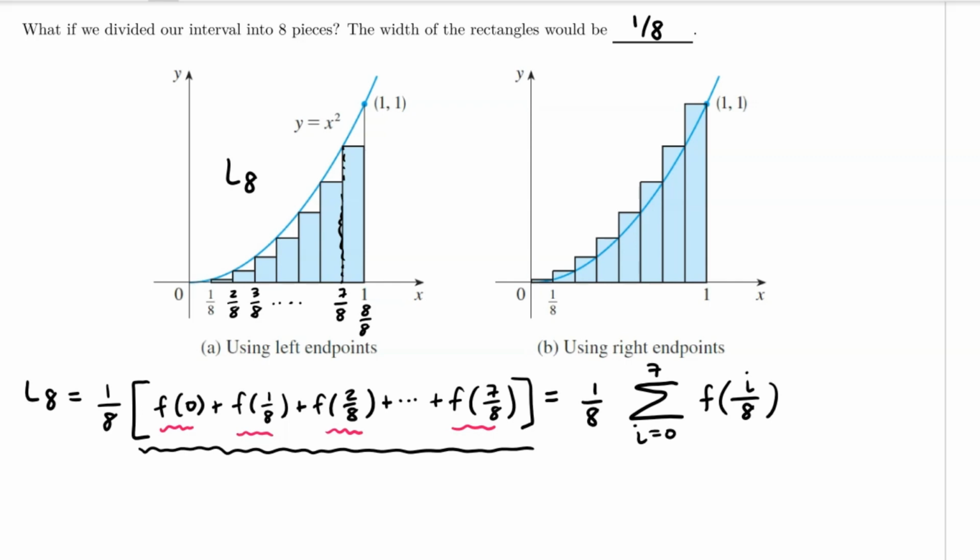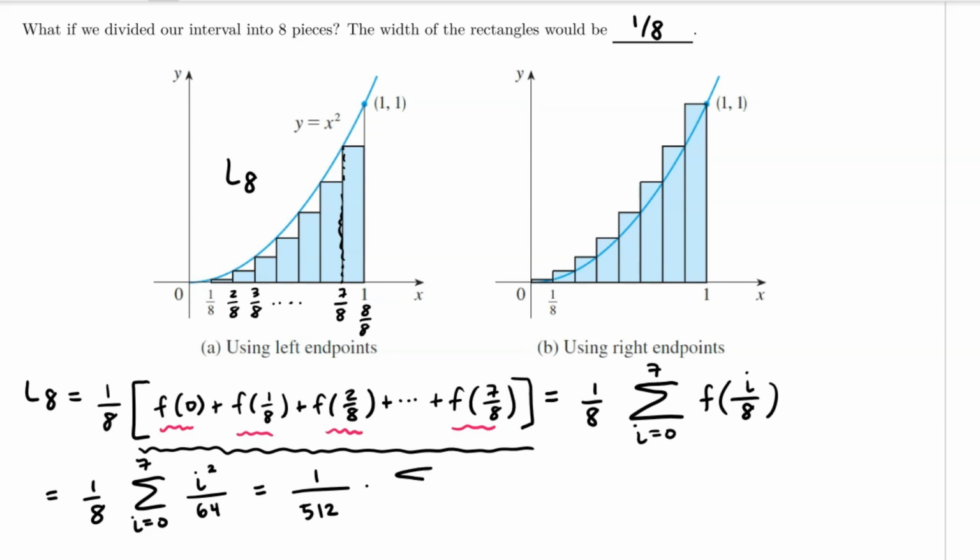And we can rewrite this summation, because we have 1/8, and f of i over 8 is the same thing as i over 8 quantity squared. If I simplify that, that's the same thing as i squared over 8 squared, which is 64. Then if I wanted to, I could factor out 1 over 64. So I'd have 1 over 8 times 64, which is 512.